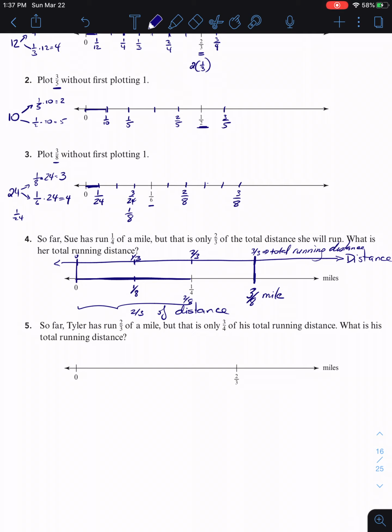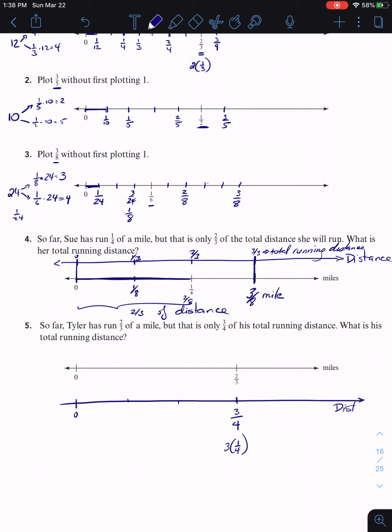So far, Tyler has run 2/3 of a mile, but that is only 3/4 of his total running distance. What is the total running distance? If we use the double number line, and this would be running distance, 2/3 of a mile is 3/4 of a running distance. So let's see what it is that we want to figure out. So 3 1/4.